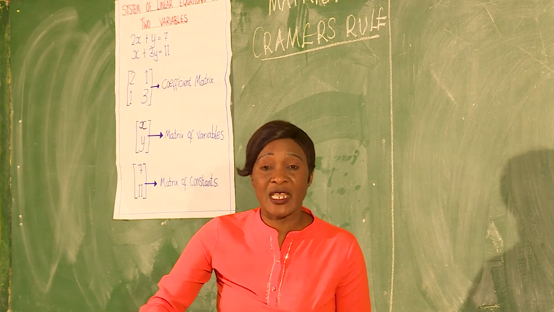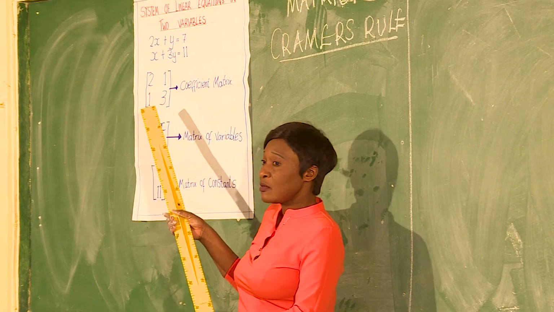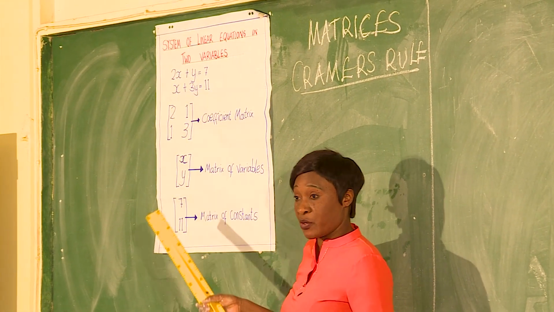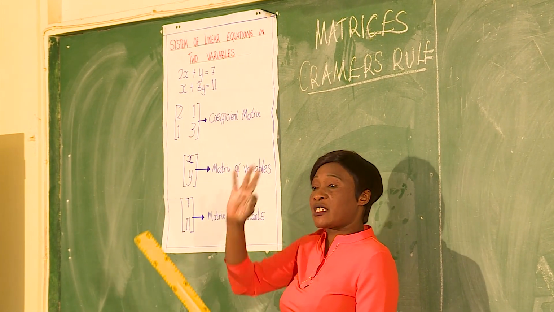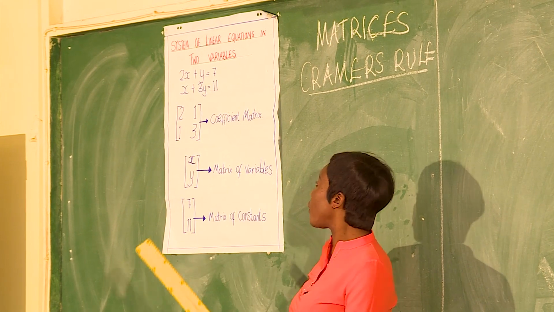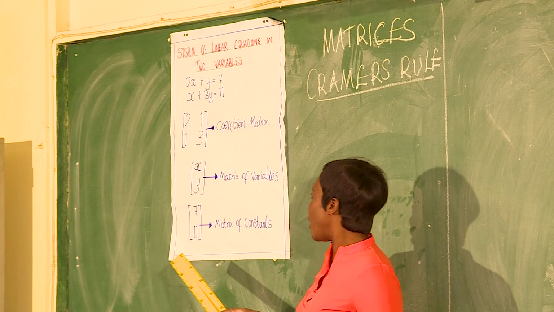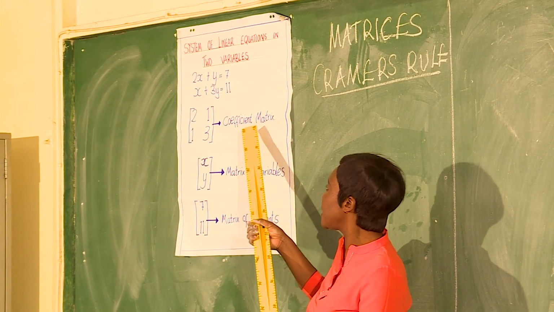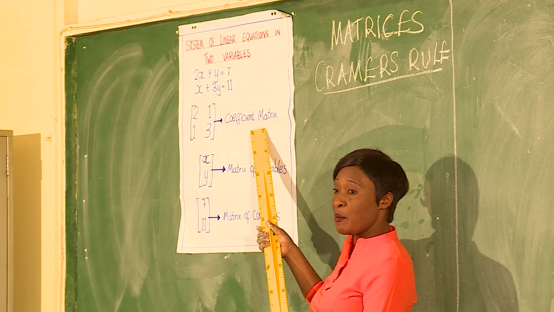An example that I will give is, let's look at this chart. We have two simultaneous equations which are in two variables, isn't it? Yes. Okay, so I said we are going to extract three matrices from the two linear equations. The first one here is the coefficient matrix.